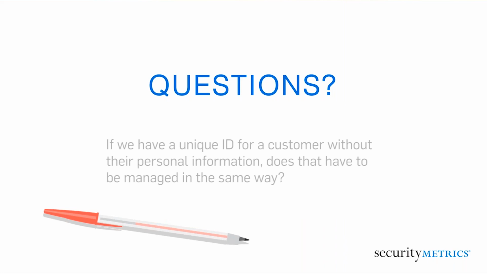Personal data is anything that directly or indirectly identifies an individual. So, does a unique ID uniquely identify an individual, even without their customer name or whatever? Does it directly or indirectly identify them? The answer is it depends, right?